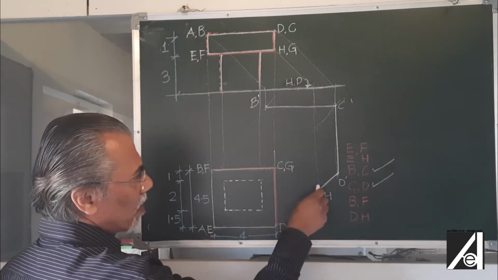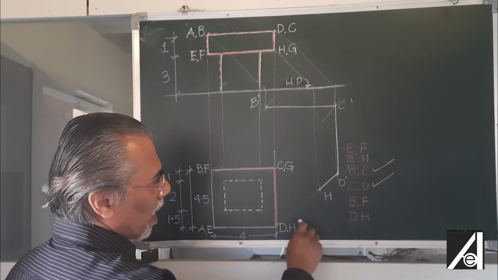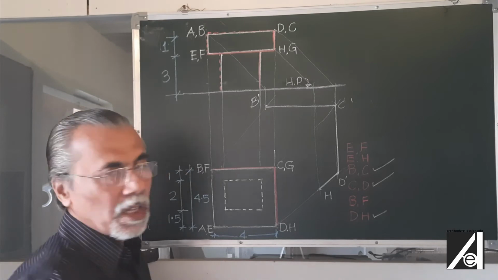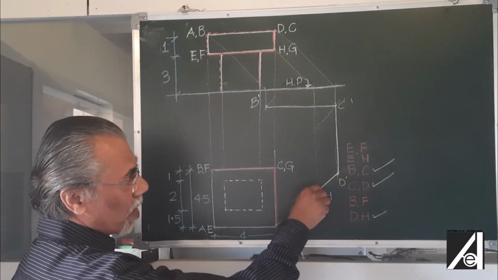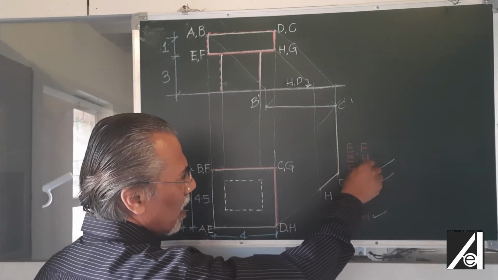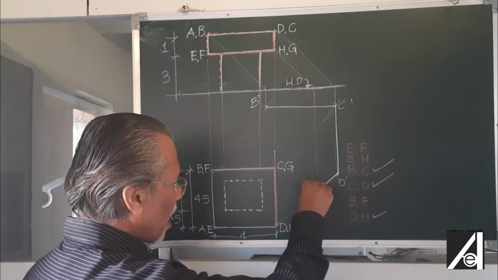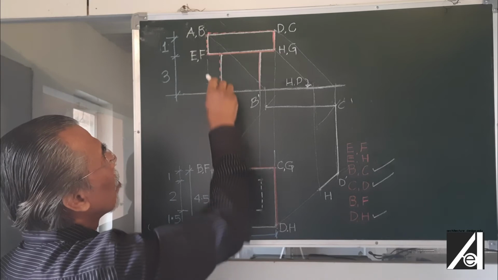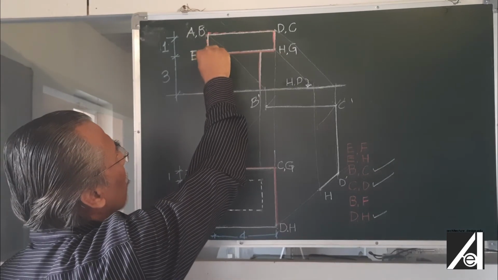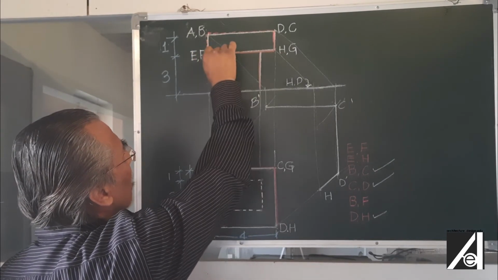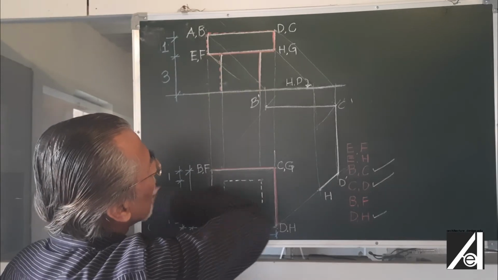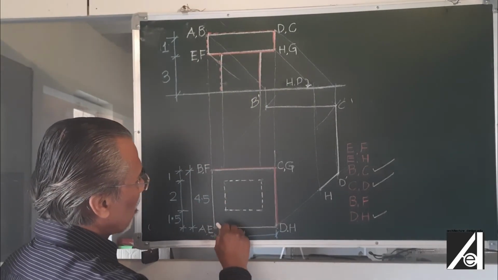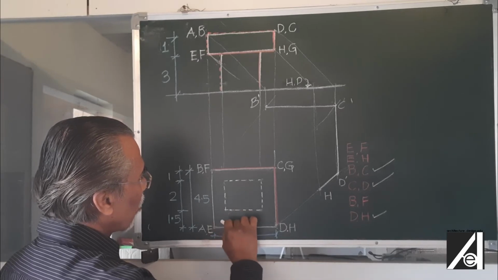Now the next edge which I would take, after DH is over, is the other edge for which H is the coordinate, that is EH. So next I can take EH. H I already have, E is here. So I take E and project E, which comes somewhere on this line. In the plan, E gets projected here.